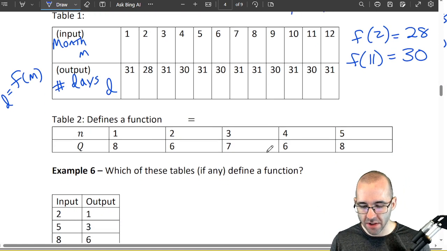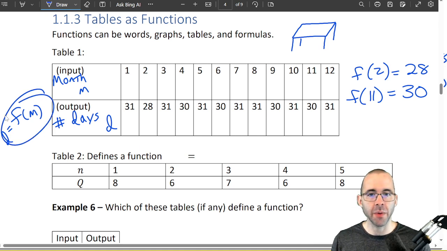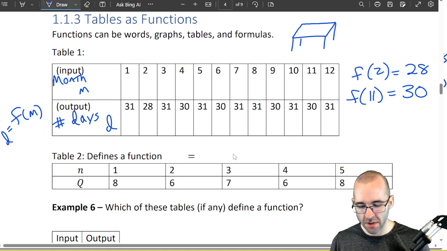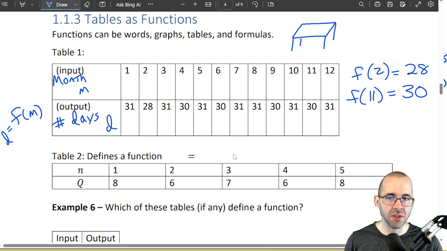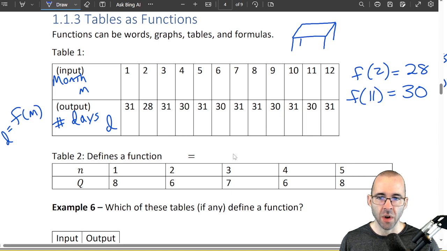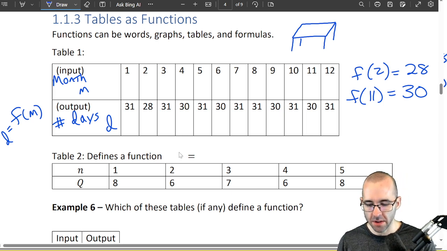We have another function. What kind of notation could we use for this function? Again, this function is only one that is a function of the other. The output, Q, is a function of the input.